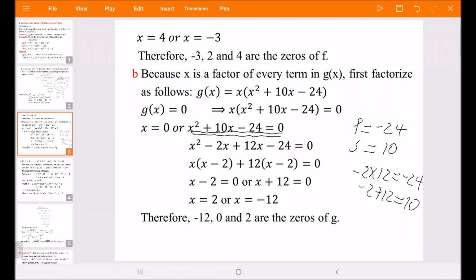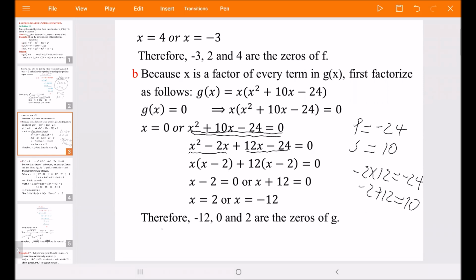So the two numbers satisfying this criteria are minus 2 and positive 12. So the middle term, 10x, is substituted by minus 2x plus 12x. So x squared minus 2x plus 12x minus 24. Take these two and the other two and factorize. The GCF of these two is x: x into x minus 2. And the GCF of 12x and 24 is 12: 12 into x minus 2. x minus 2 is common.